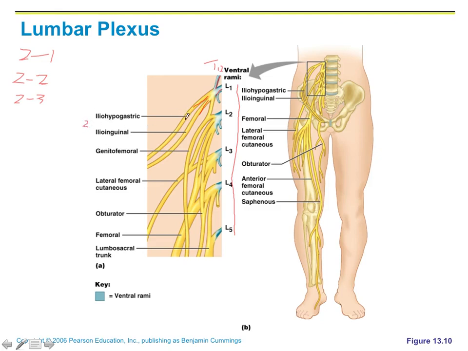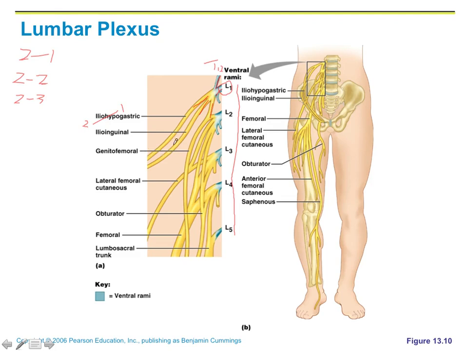These 2 nerves come from just one spinal nerve, L1. So this is 2 for 1. L1 also sends a branch that links with a branch from L2 to form a nerve, called the genitofemoral nerve.